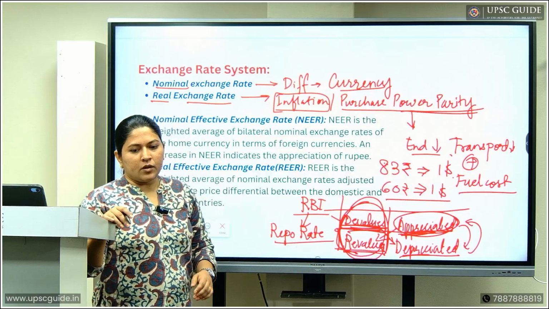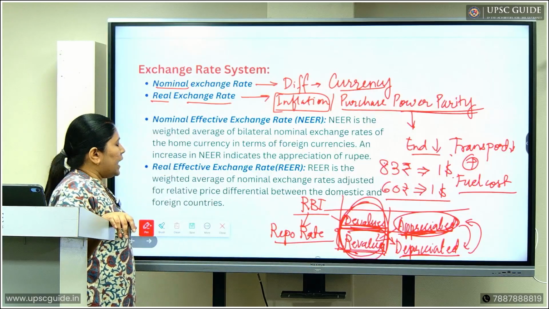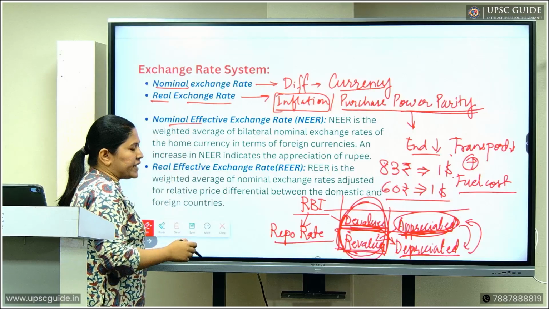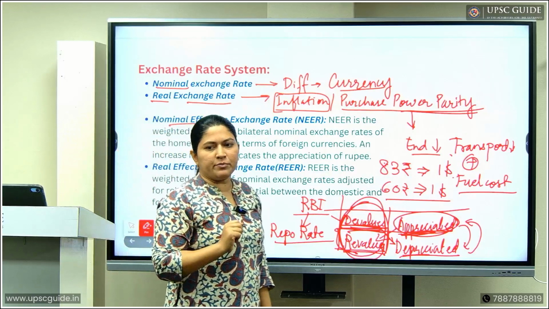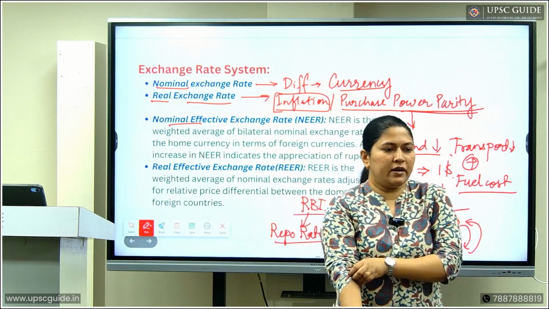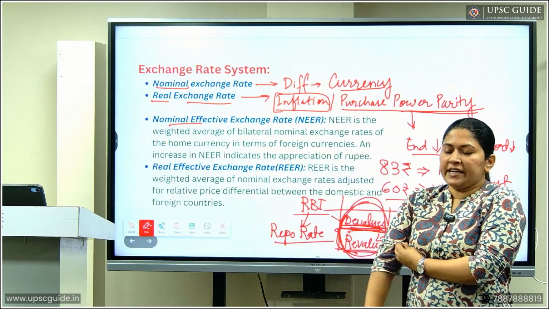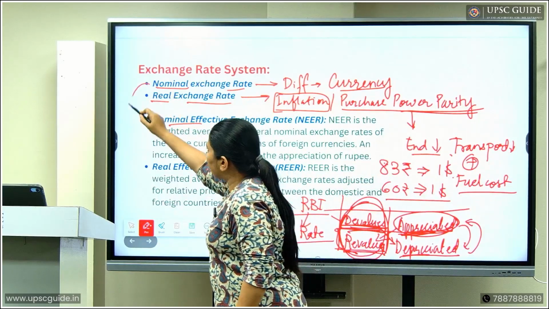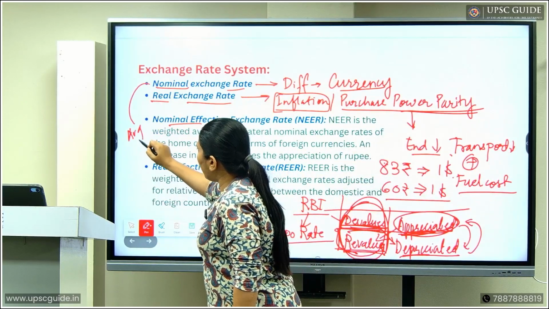Now in this aspect, the nominal effective exchange rate was asked in the UPSC preliminary examination. Now what is the nominal effective exchange rate? It is the average of the nominal exchange rate.